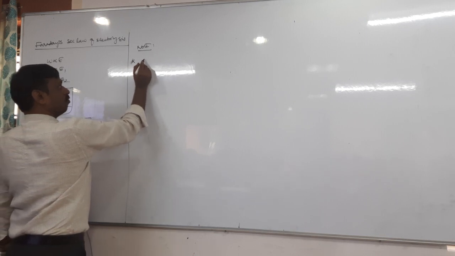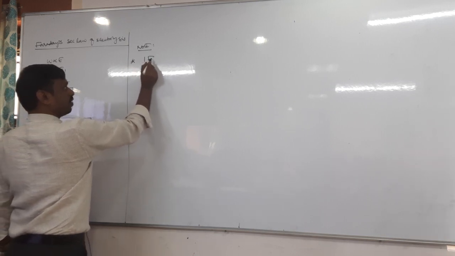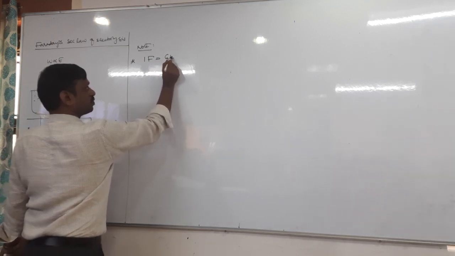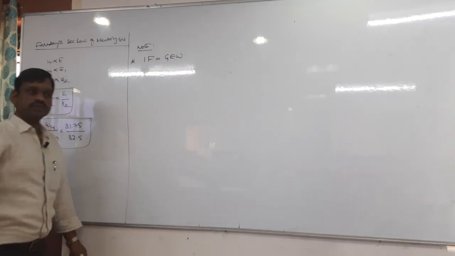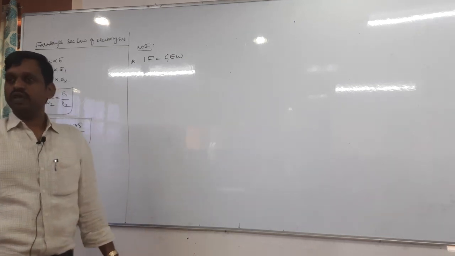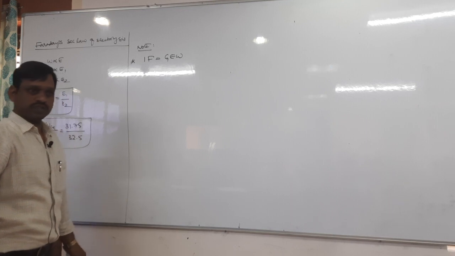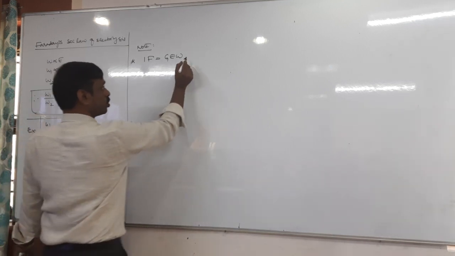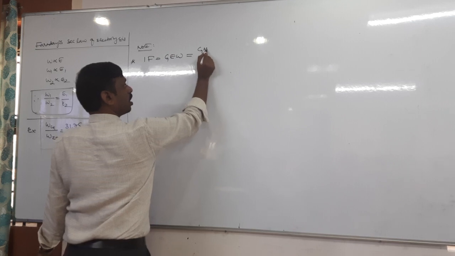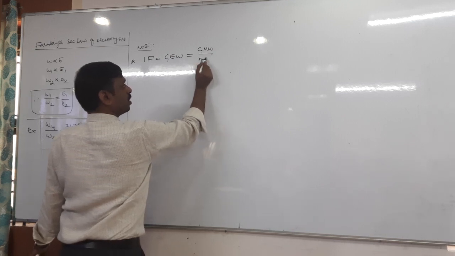Okay, we know that 1 Faraday of electric current can deposit or liberate the gram equivalent weight of any substance, yes or no? But we also know that gram equivalent weight equals gram molecular weight divided by n factor.